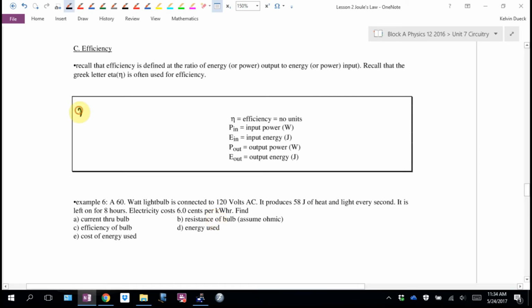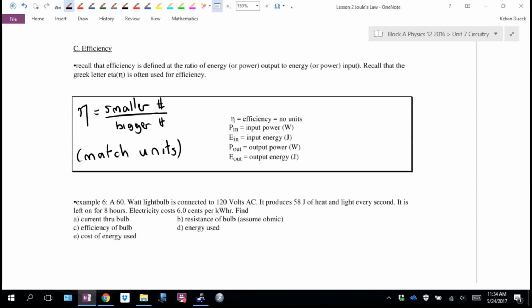Efficiency is the smaller number divided by the bigger number, but make sure you match units. Don't divide joules by watts. Oh, and then if you want to make it a percentage, times 100%.